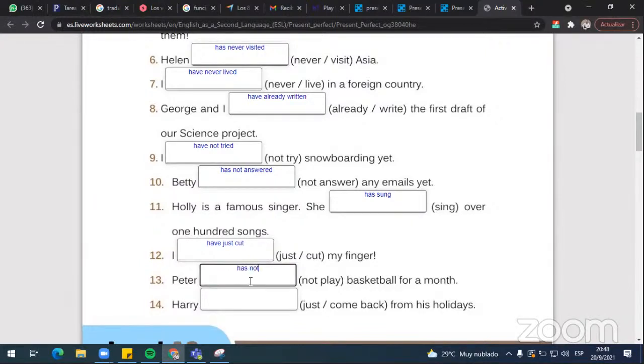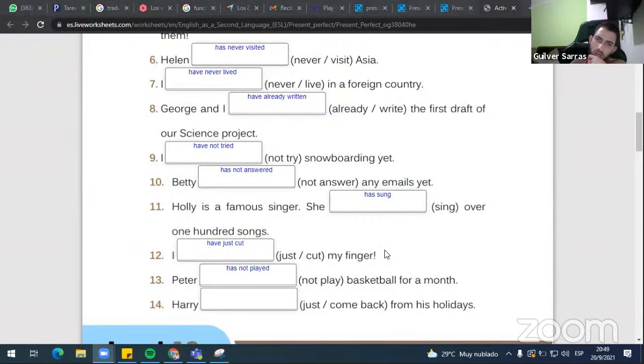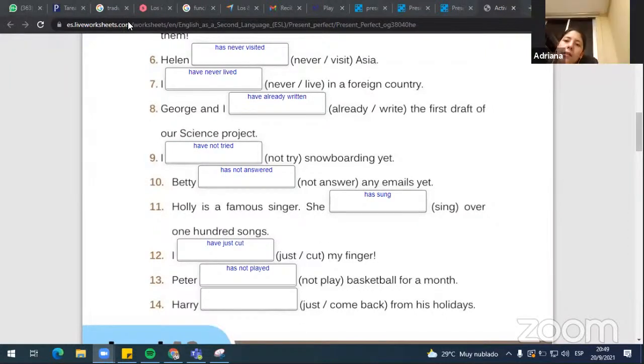What other? Peter has not played basketball for a month. Harry has just come back from his holidays. Has just come back. It's the same. Come back from his holidays.